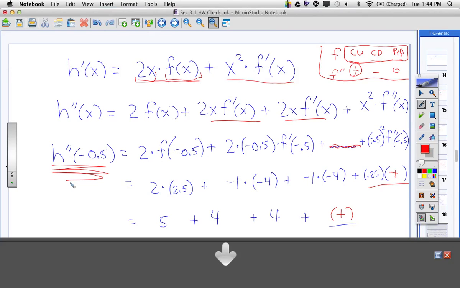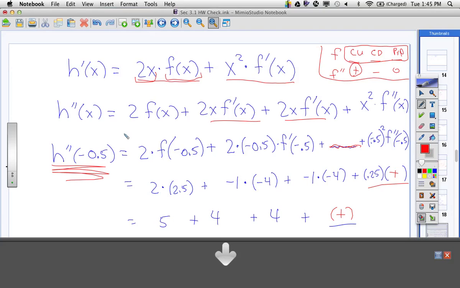So since h double prime is positive, don't forget what we were asking. Since h double prime is positive, h is concave up. So that was a lot to do there. But it's good practice on the product rule. We did some graph stuff. There were a lot of different things we reviewed there. Okay, 46 and 47 then just ask some more of those same kind of questions with h, and then it gets into m.